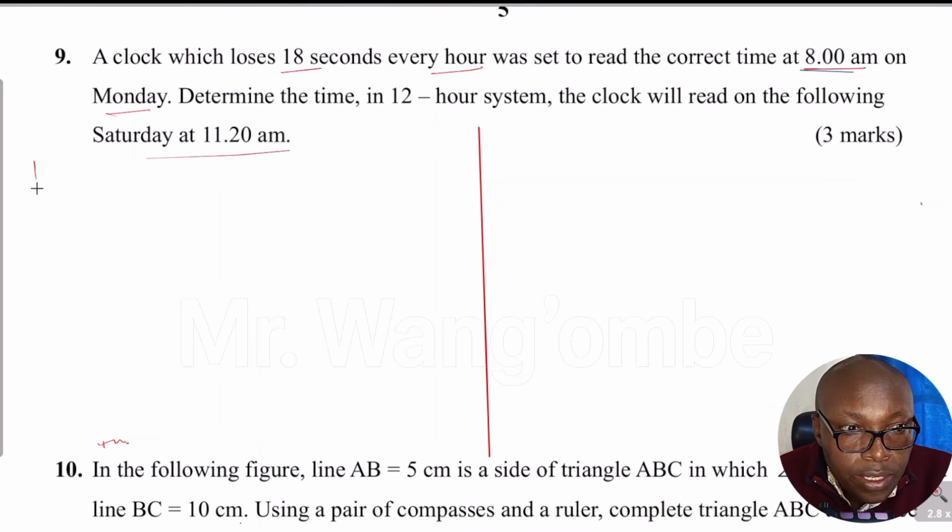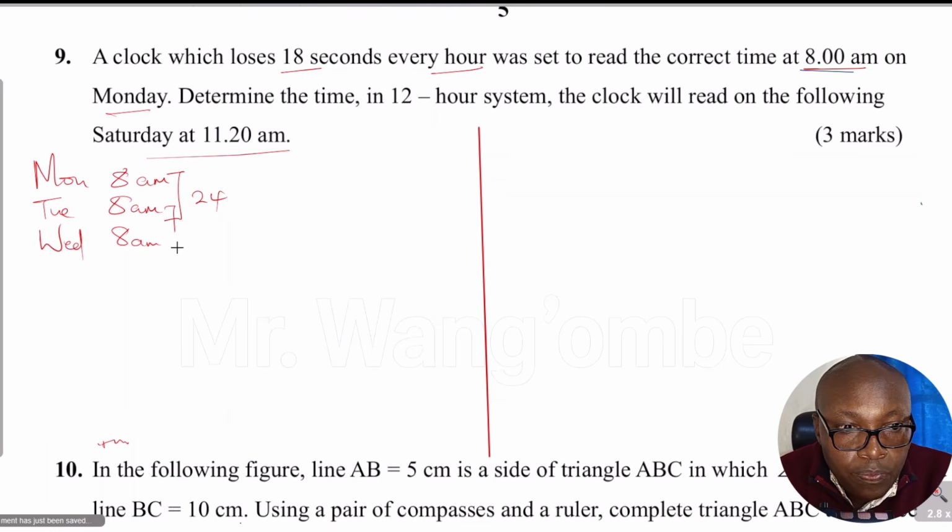So from Monday 8 a.m. to Tuesday 8 a.m., that is a total of 24 hours. Then from Tuesday 8 a.m. to Wednesday 8 a.m., that is another 24 hours.